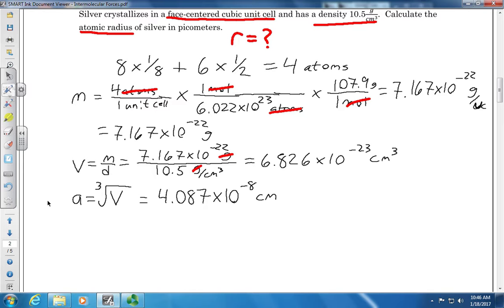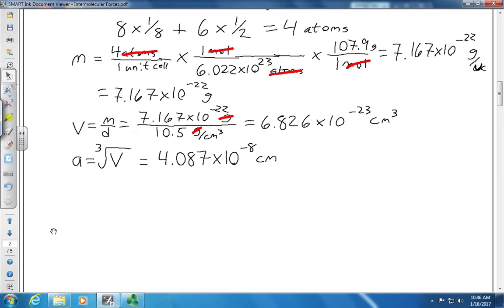So now that we have the side, we can again refer back to the face-centered cubic unit cell and the formulas we know from that particular unit cell. We can find that a is also equal to the square root of 8 times the radius.